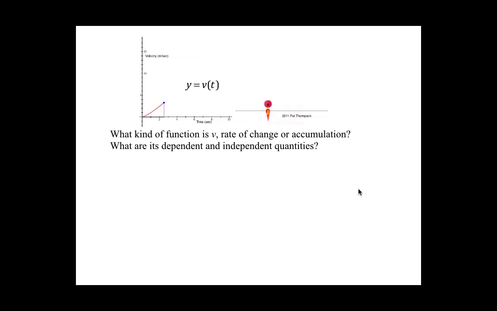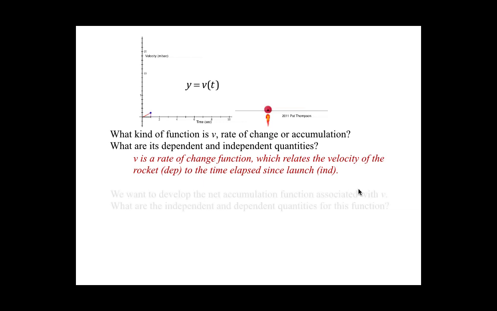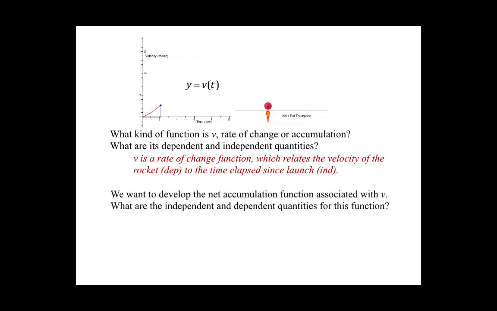If I want to be able to express the height at any point in time, then I need to take my velocity expression, whether just calling it v of t or whatever, and use notation to express how its height is related to that velocity at any point, depending on what point in time we're using. So we want to develop, as I said, this net accumulation function associated with v.